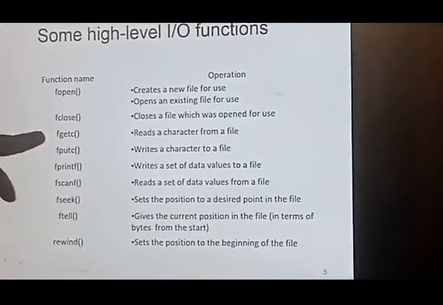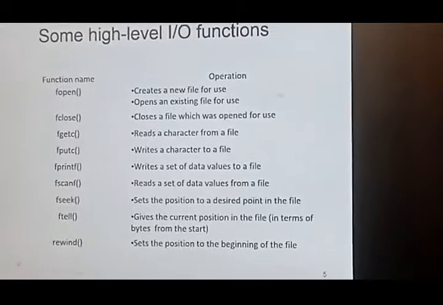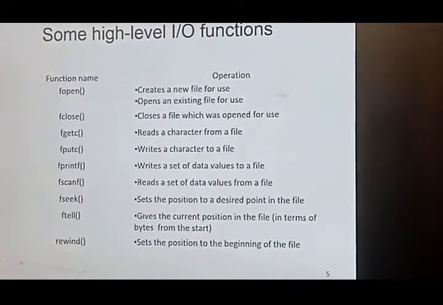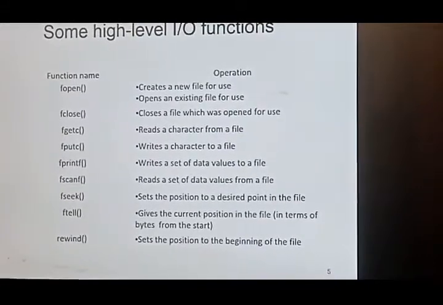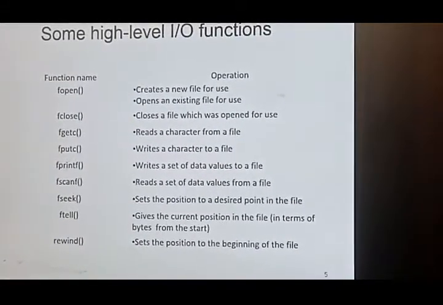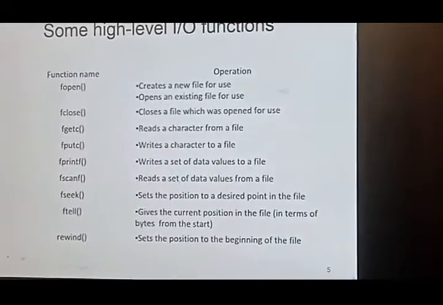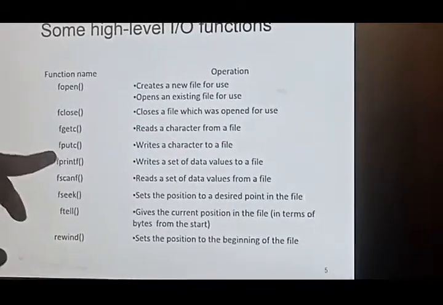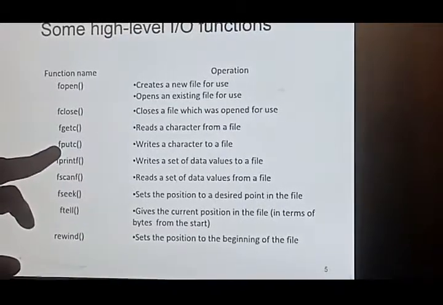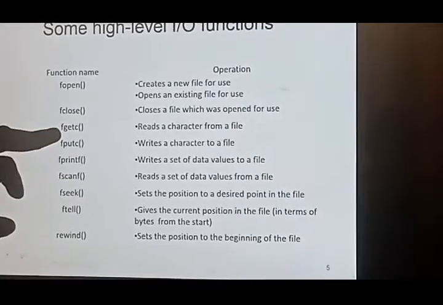But in the case of fgetc and fputc, the function is the reverse. fgetc will read a character from the file, character by character, and similarly fputc writes character by character into the file. So if you want to put some data into the file, you should go towards fputc, and if you want to read a character from the file, you should go towards the function fgetc.